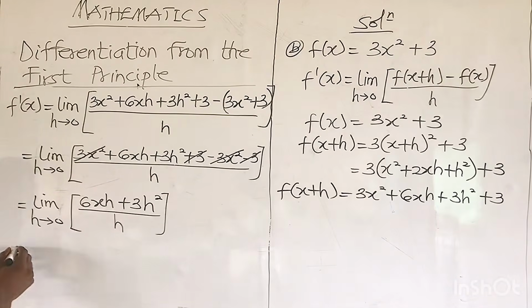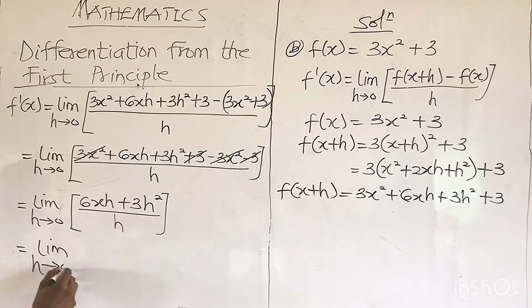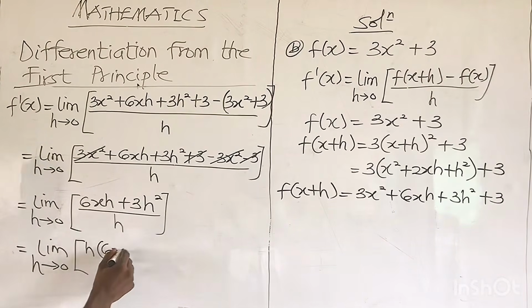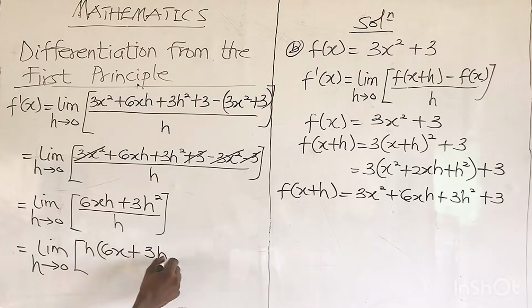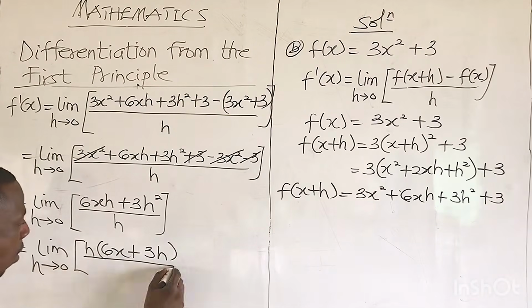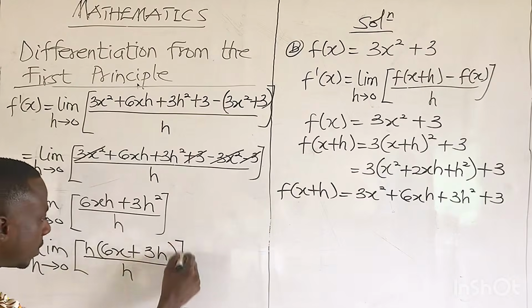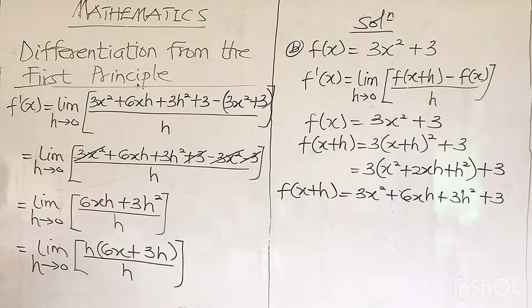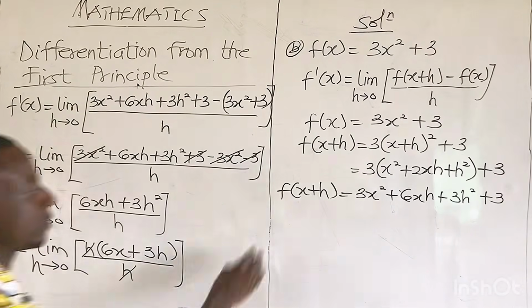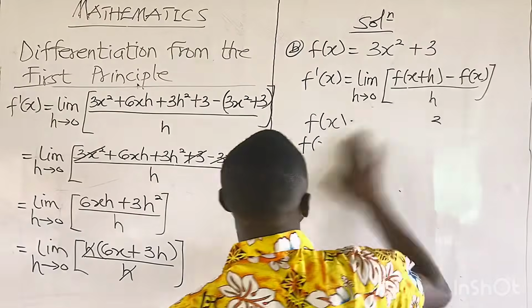So I have the limit as h approaches 0, then h into bracket 6x plus 3h all over h. From here, this h can take off this h. So it will be left with what we have within the bracket.